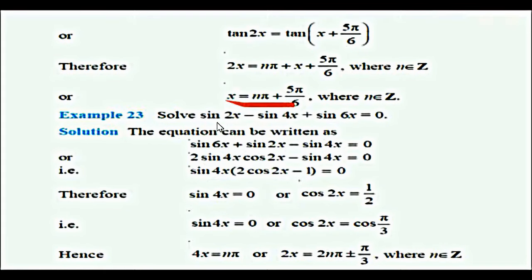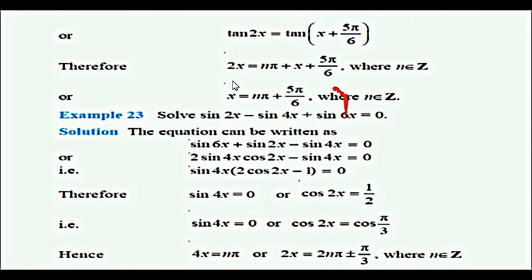Now you have to solve this: sin 2x minus sin 4x plus sin 6x. How are you going to solve this? The equation needs to be written in such a manner that you can get something as common. If I take this 2x and 4x, when I apply the formula, that is (2x plus 4x) by 2 and (2x minus 4x) by 2, ultimately you're not going to get sin 4x.